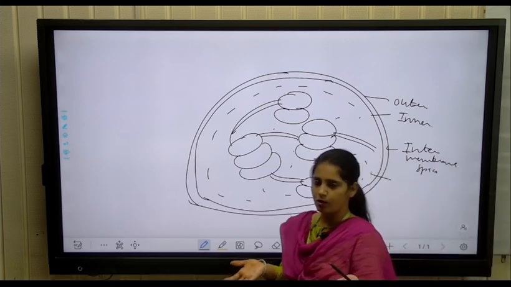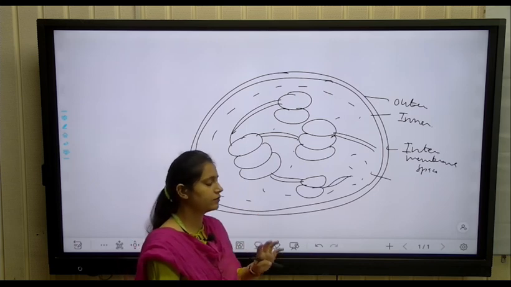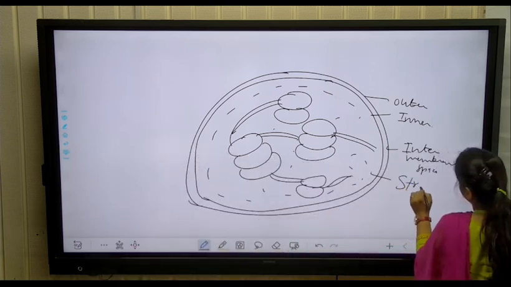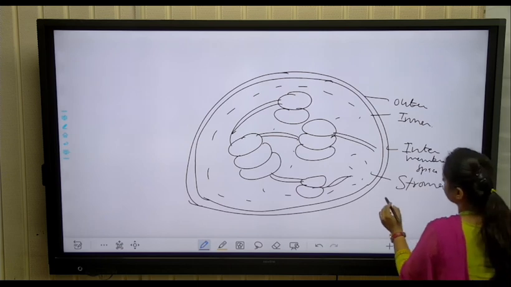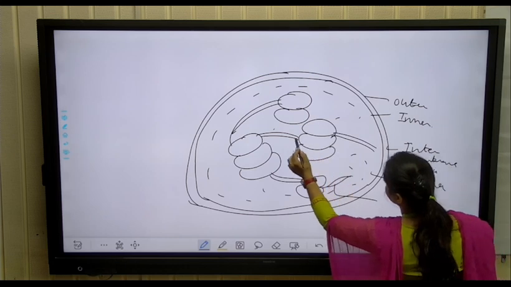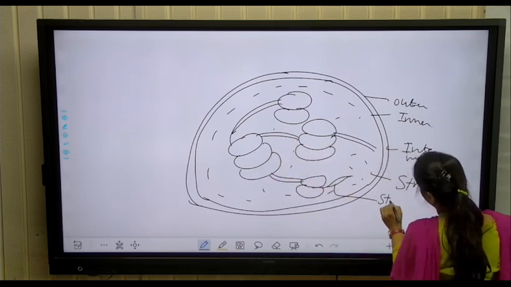Cytoplasm is a jelly-like substance which contains cell organelles. The stroma of the chloroplast also resembles the cytoplasm. So, this is known as stroma, and these lamellae which are joining the thylakoids are known as stroma lamellae.